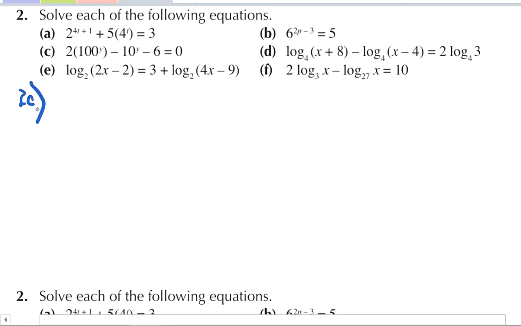Expand first. How to expand? Look, there's a 10 to the power of y, there's a 100 to the power of y. We should change to what? Sati? 2 times 10 to the power of 2y.